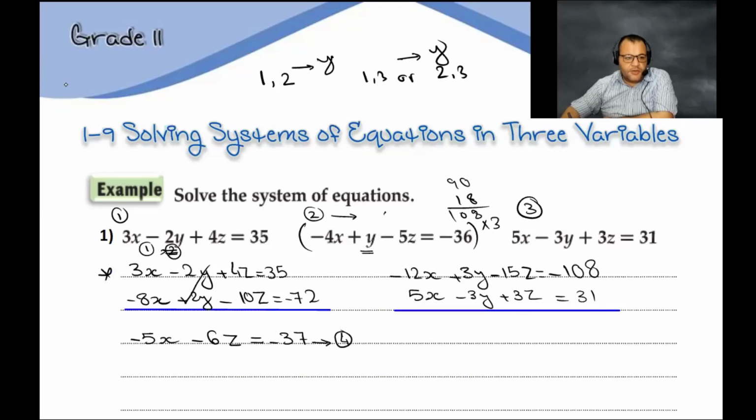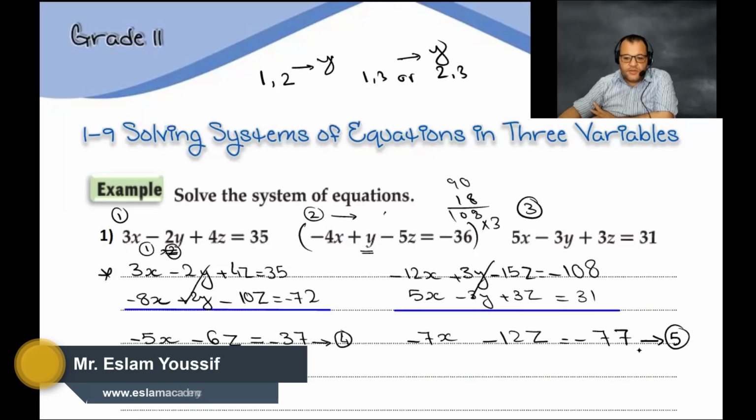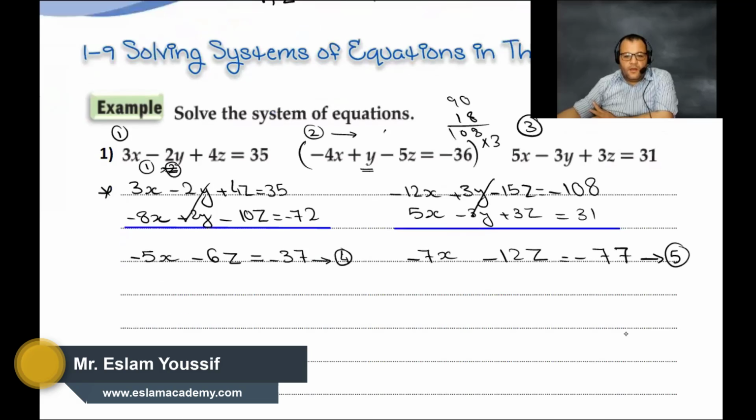Any problem until now? So by adding, it will be negative 7x, cancel y, negative 12z, equals negative 77. That's equation number 4, and that's equation number 5.